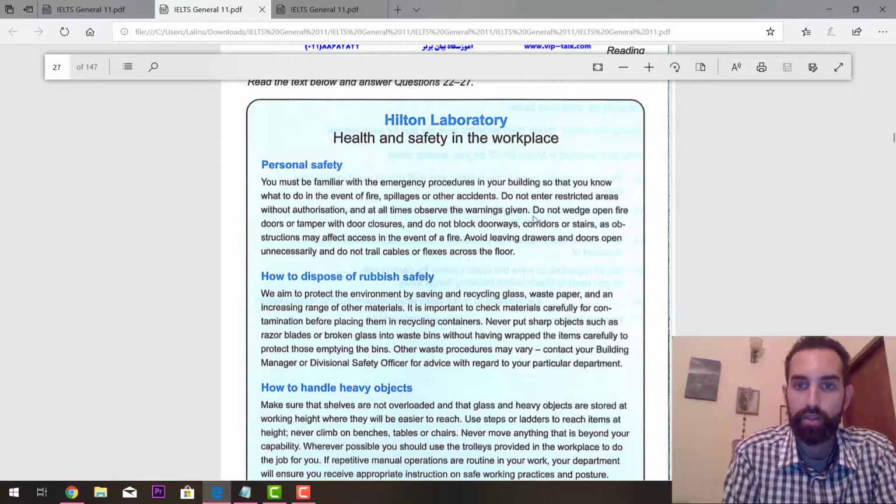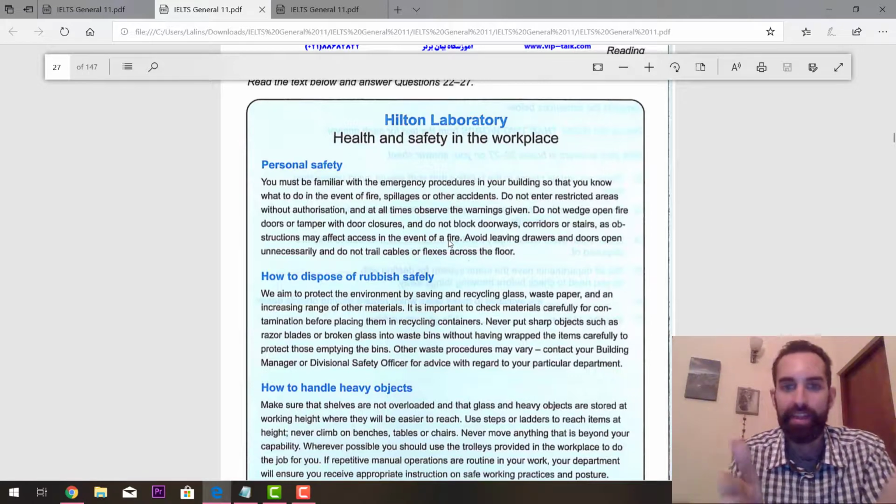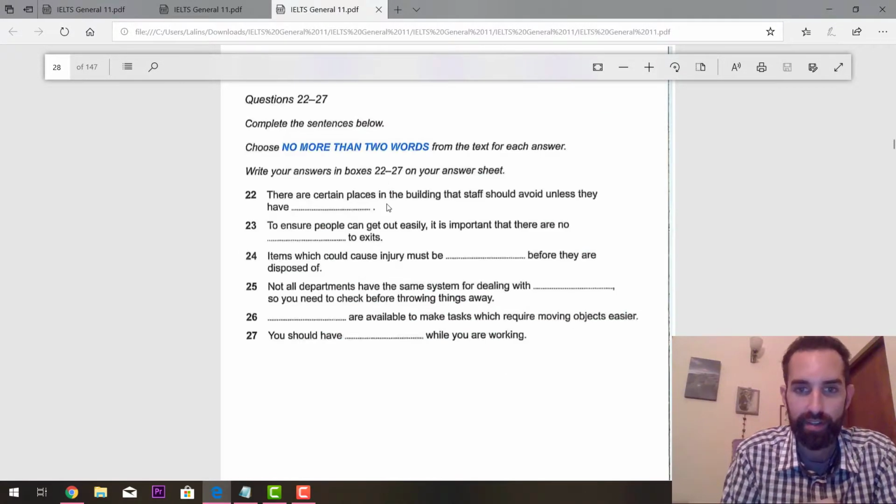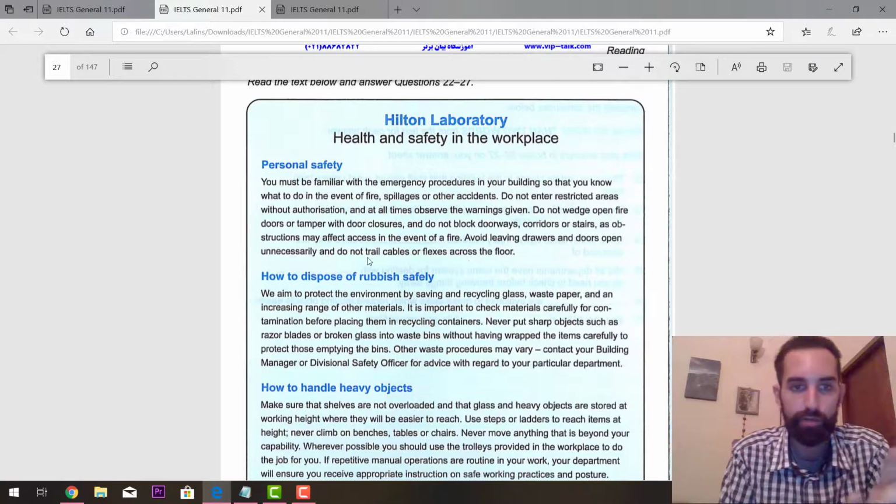Do not wedge open fire doors or tamper with door closures, and do not block doorways, corridors, or stairs, as obstructions may affect access in the event of a fire. Okay, yeah, they're talking about fire exits, so obstructions. To ensure people can get out easily, it is important that there are no obstructions to exits. They're just saying no obstructions.